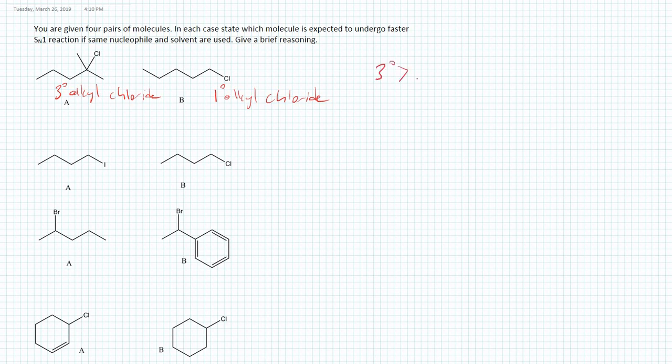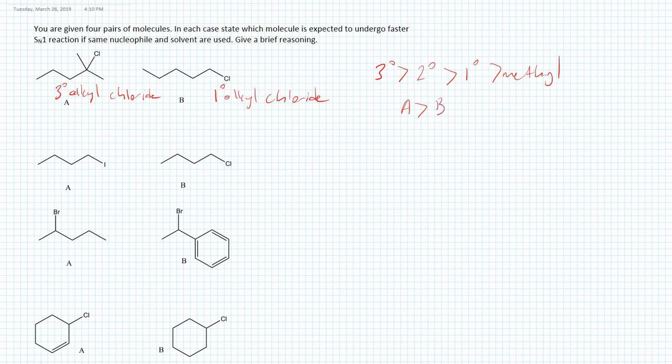Tertiary is more reactive than secondary, then primary, then methyl. And let's look at here. This is going to generate a tertiary carbocation and this will generate a primary carbocation. We expect that A is going to react faster than B.